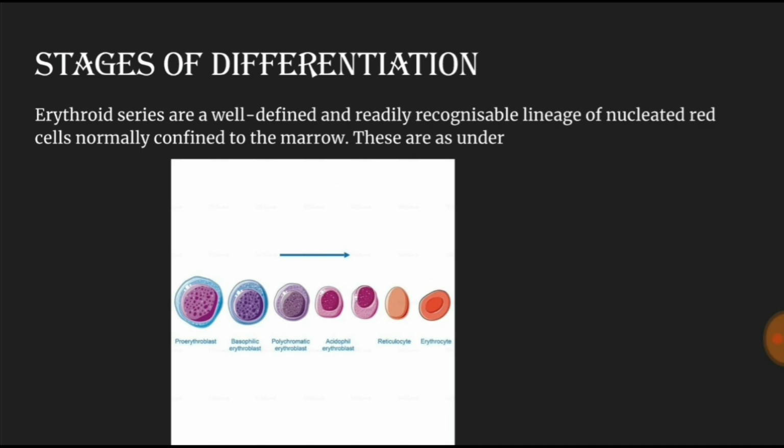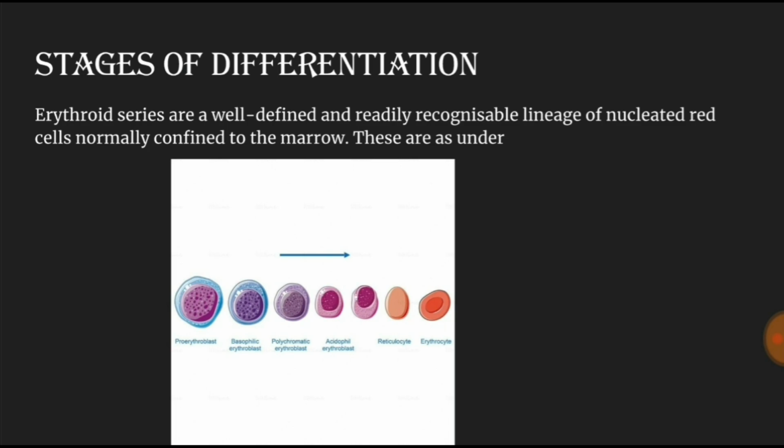So the first stage is proerythroblast. It is the earliest recognizable cell in the marrow, and it is called proerythroblast or pronormoblast. It is usually around 15 to 20 micrometer, and it is the largest cell in the differentiation process compared to the RBCs, and it has deeply basophilic cytoplasm.